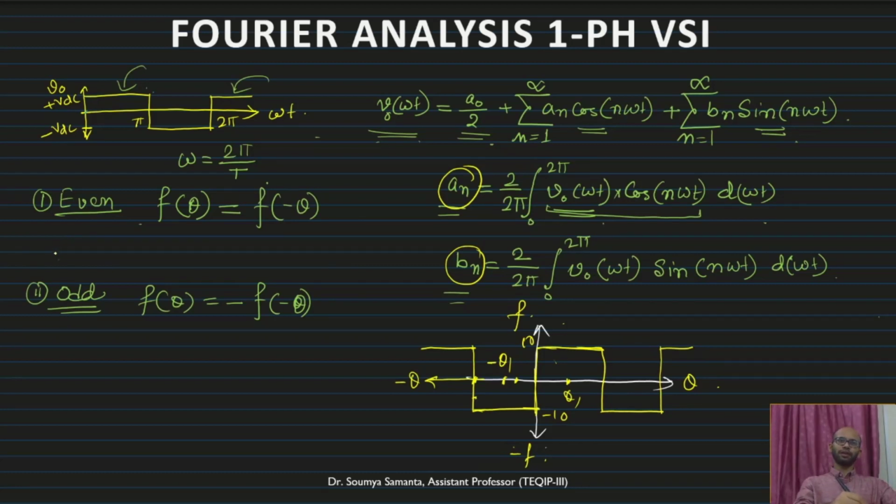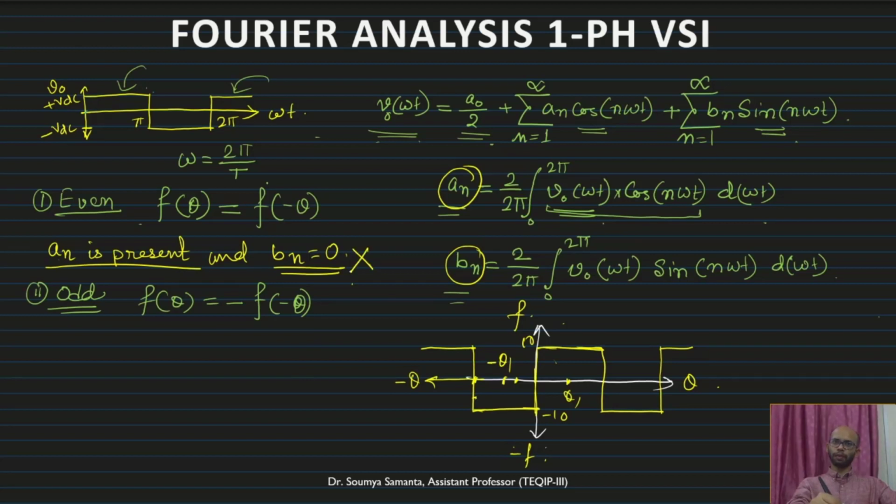Now if this is even symmetry, then an terms are present, basically the terms containing am are present, and bn equals 0. So we don't have to find bn if we can establish that this waveform possesses even symmetry.